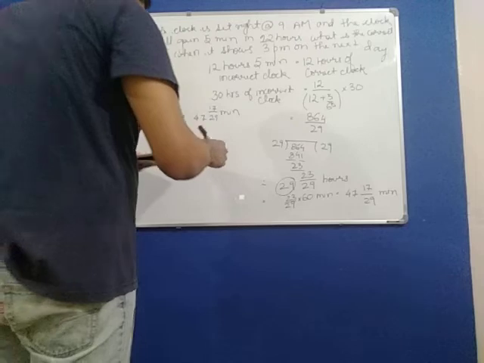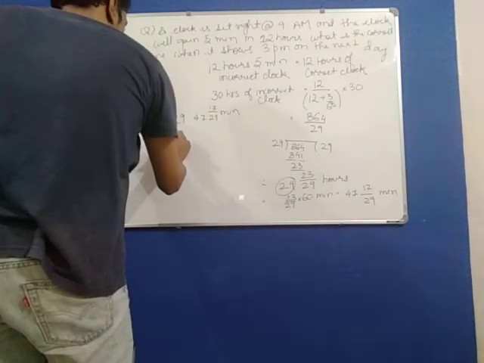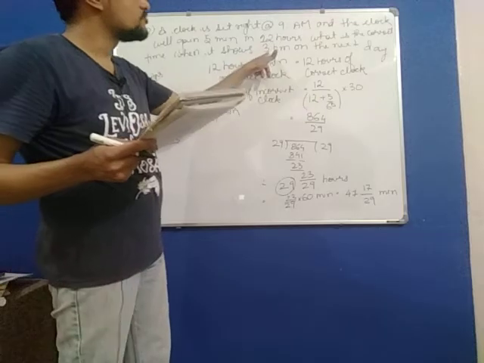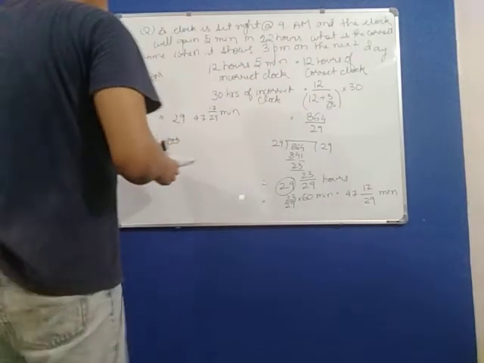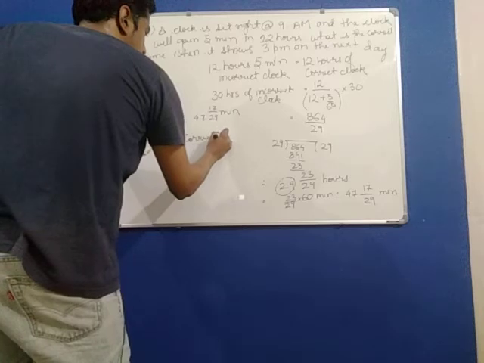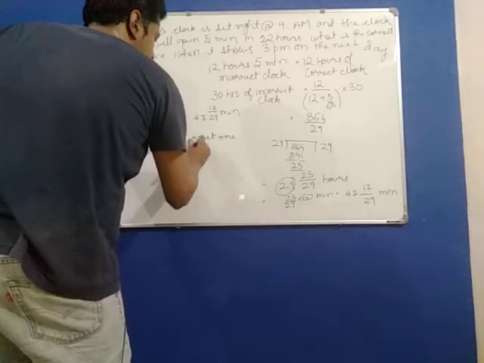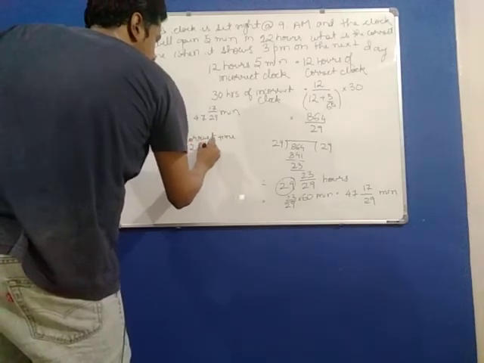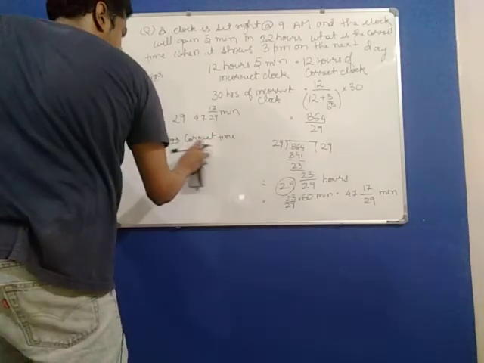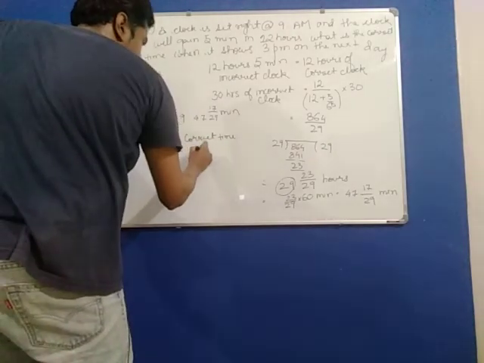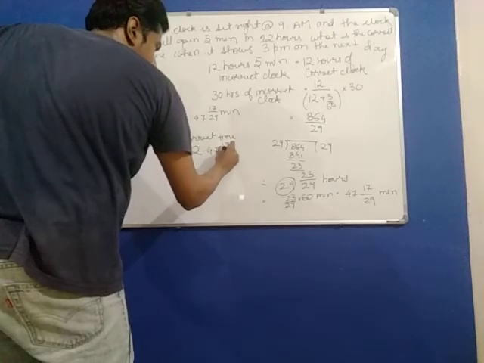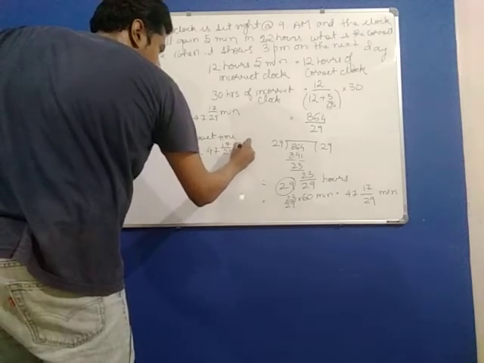So the correct answer is going to be, that when the incorrect clock is showing 3 PM on the next day, then actually the correct time is going to be 2:47, 17 by 29 PM on the next day.